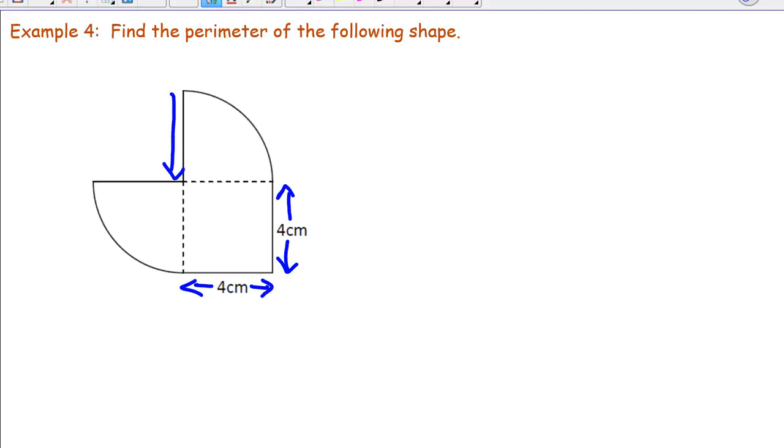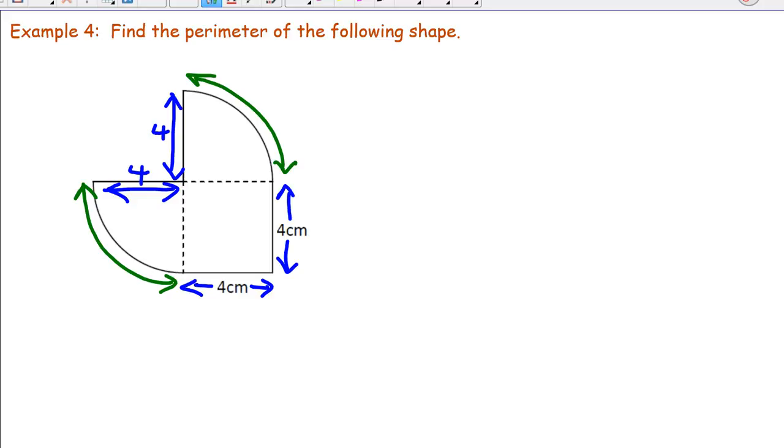From here to here, because that's the radius of the circle, yeah? So that will be 4 as well. From there to there is 4. What we don't know is the distance from this point to that point, and the distance from this point to that point. So what you're going to do is, we know that the distance from this point to this point, just use a different color, so that we have that, we have that.